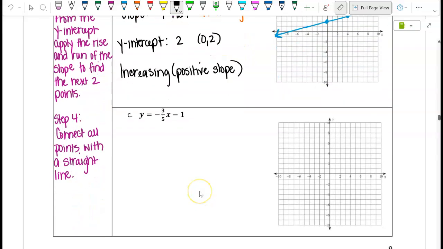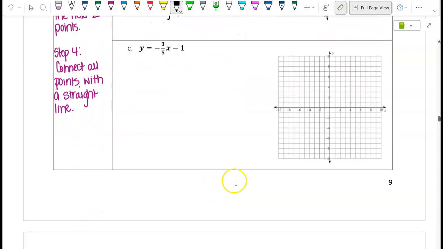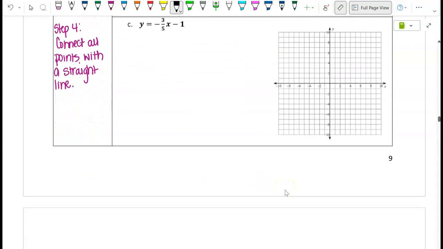All right, problem C, y equals negative 3/5 x minus 1. So again, the negative 3/5 is in the place of the slope. The negative 1 is the y-intercept. So my slope is negative 3 over 5.